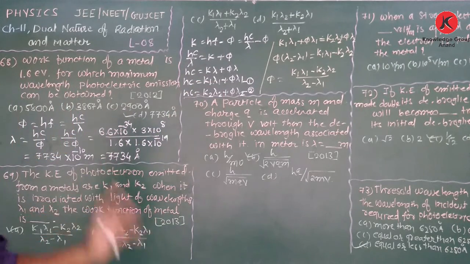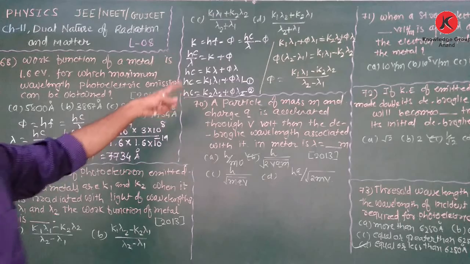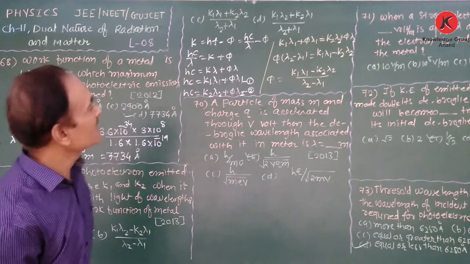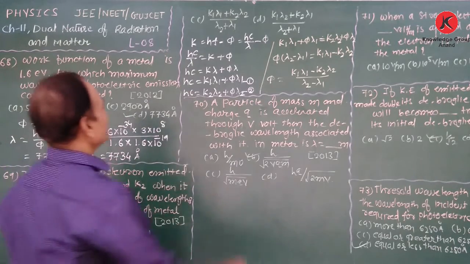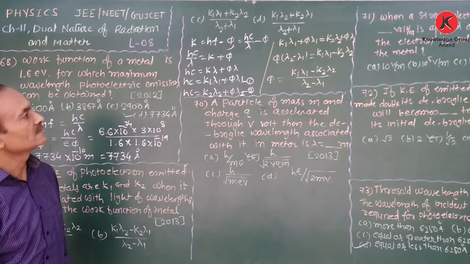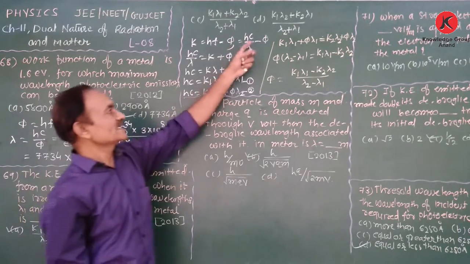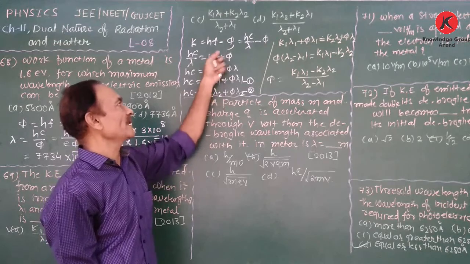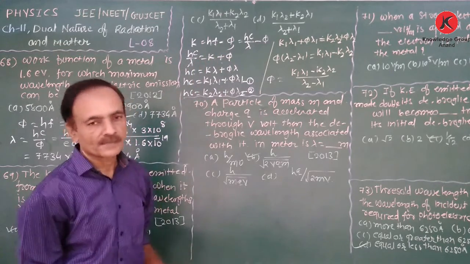Here the wavelengths are given, therefore the frequency f is converted into wavelength, so kinetic energy is equal to hc upon lambda minus phi. Therefore, hc upon lambda is equal to K plus phi, and hc is equal to K lambda plus phi lambda.